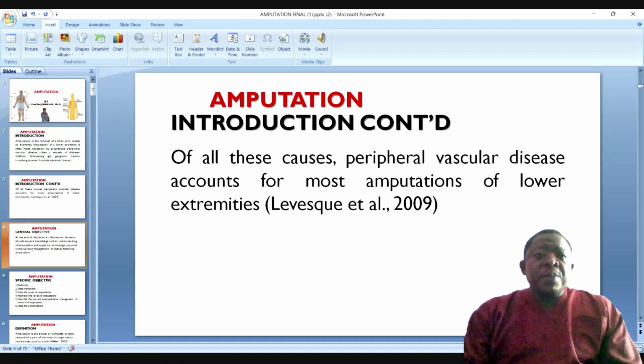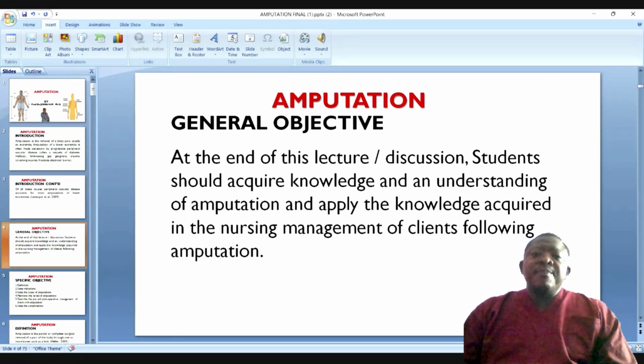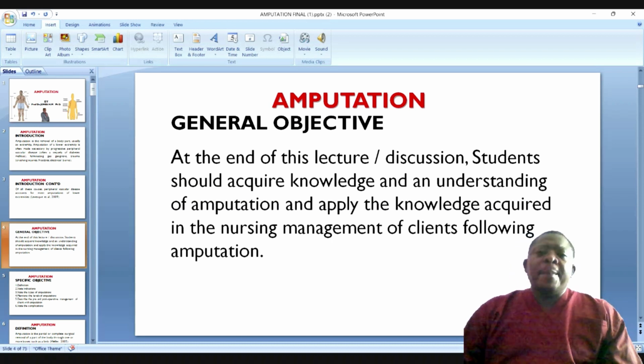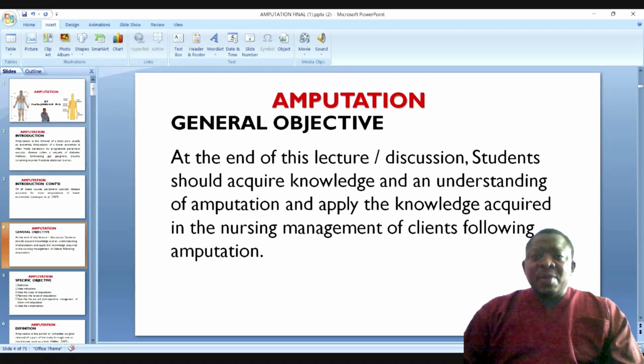Now, to begin this lesson, the main objective is that at the end of this lesson, you should be able to acquire the knowledge and understanding of amputation and also apply the knowledge acquired in the nursing management of a client with amputation.